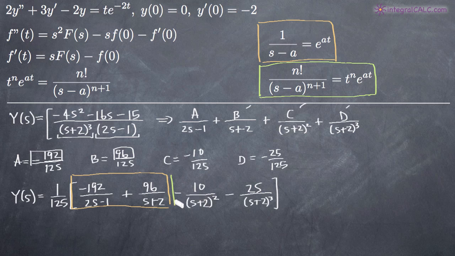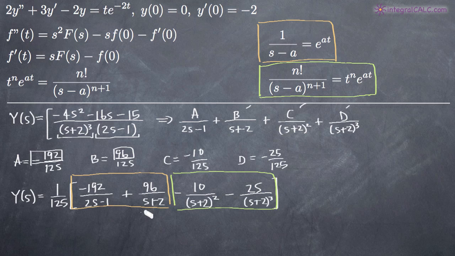We're going to be using that formula for these two. And basically we're going to be performing the inverse Laplace transform. That's the final step that we need to do in order to solve for the function y of t, and therefore have solved our initial value problem.